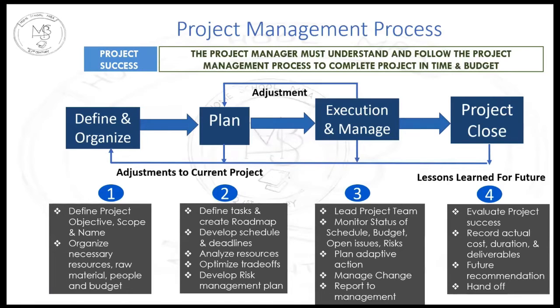And then we come down to step number 4: evaluate project success, record actual cost, durations, and deliverables, and future recommendations, and handoffs, what we call lessons learned for the future.